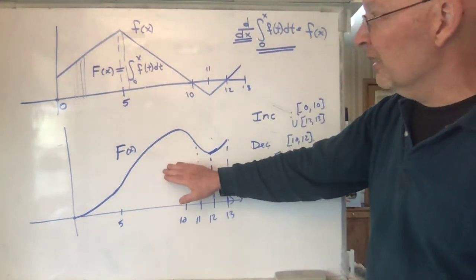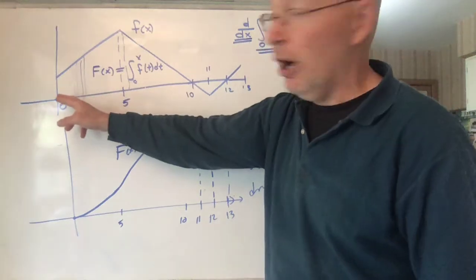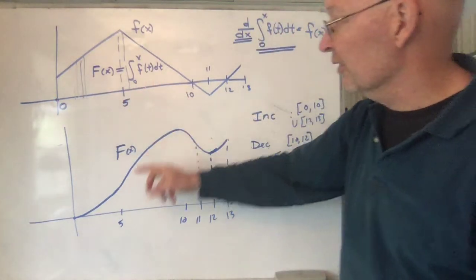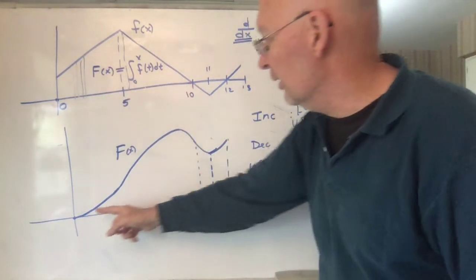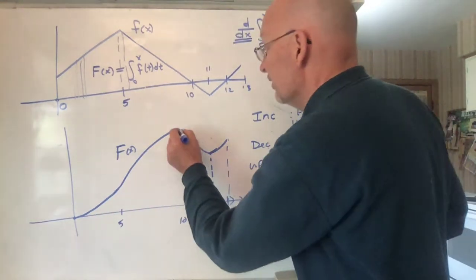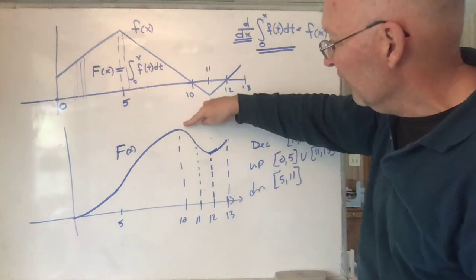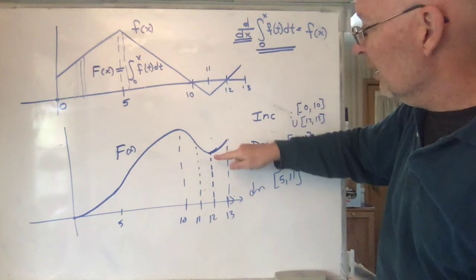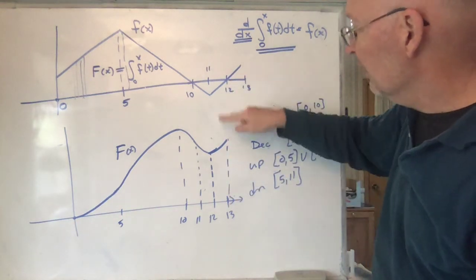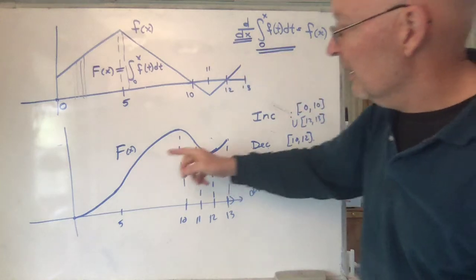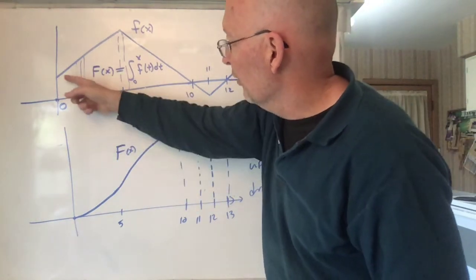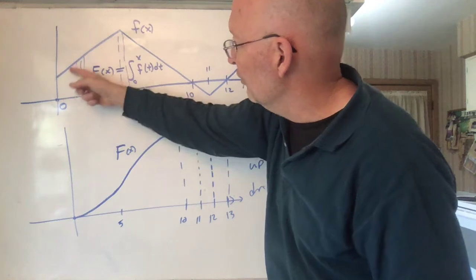So here's your capital F right there. This is the function right here, which basically tells you how much area is underneath this function, right? From here to here, you keep increasing. Once you get to 10, then you stop increasing, and now you're starting to give it away. That's why it's decreasing here. And once you get to 12, you start increasing again. And here, the rate at which you're increasing continues to increase, right?